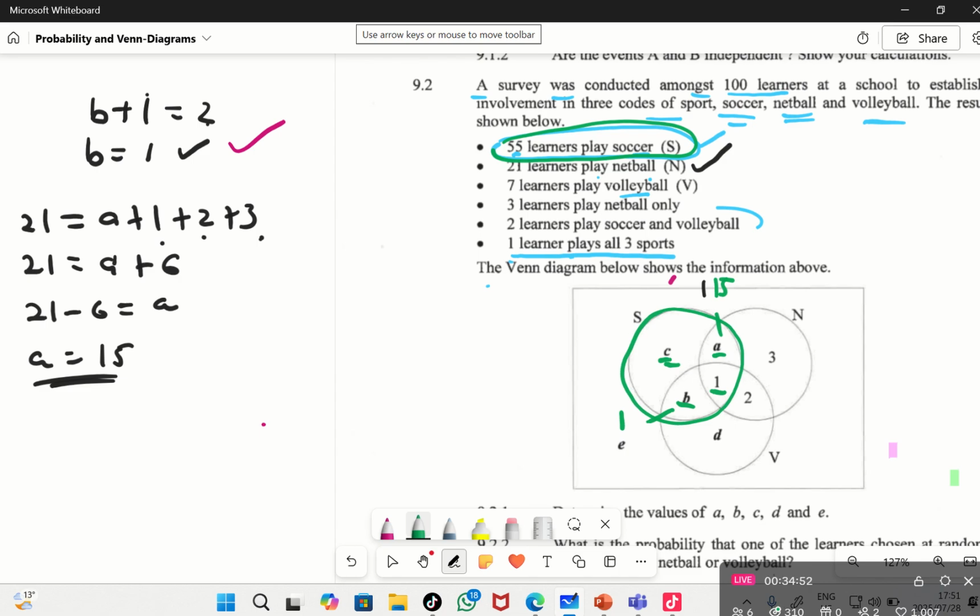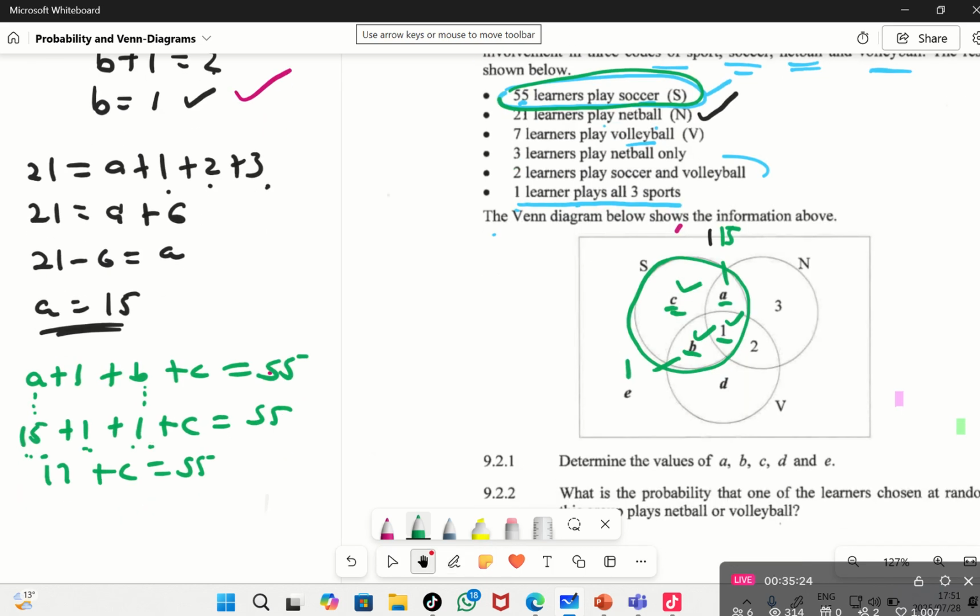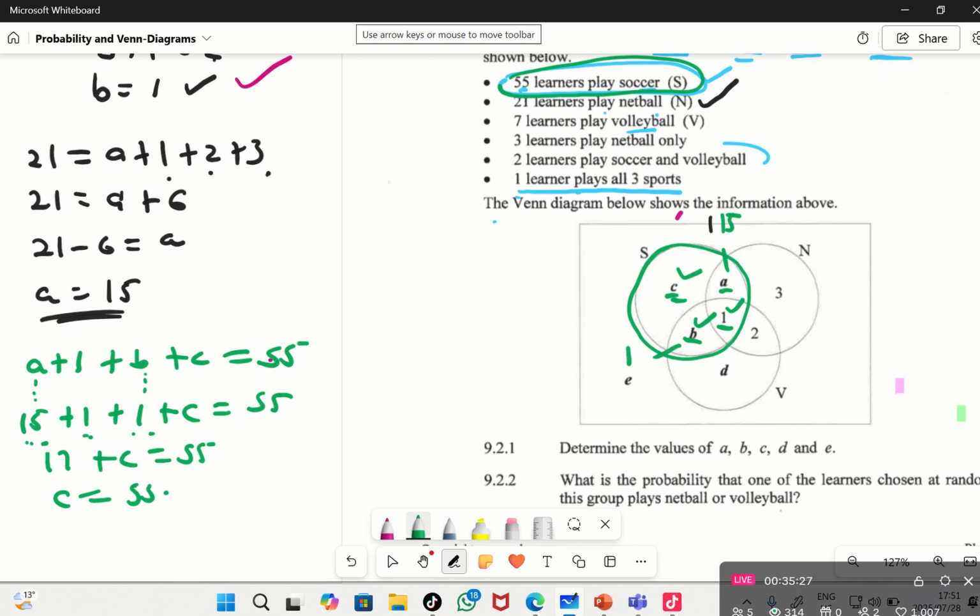We already have the value of A as 15, the value of B as 1, and the value of C is what we're looking for. On the left hand side, we have 15 plus 1 plus 1 gives us 17, so 17 plus C equals 55. Are we together?